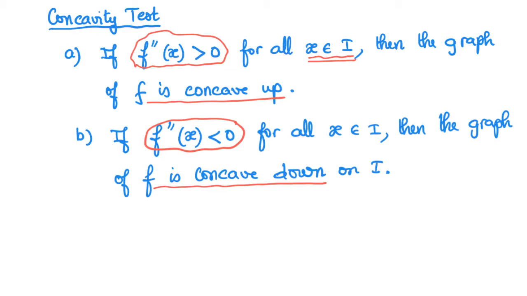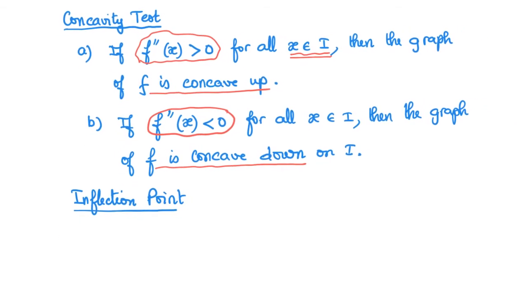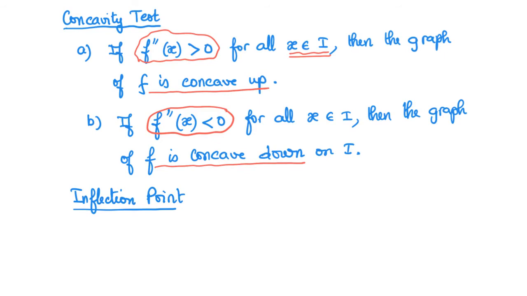At this point, I want to mention the idea of an inflection point of a graph. An inflection point is a point where the graph changes from being concave down to being concave up like this.